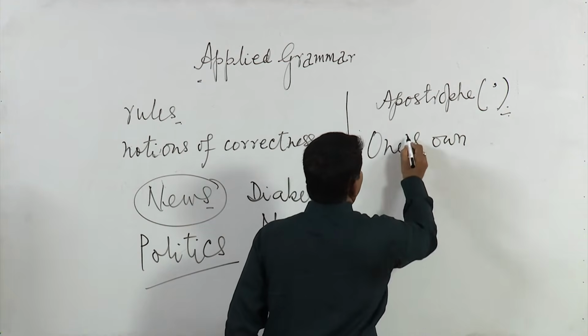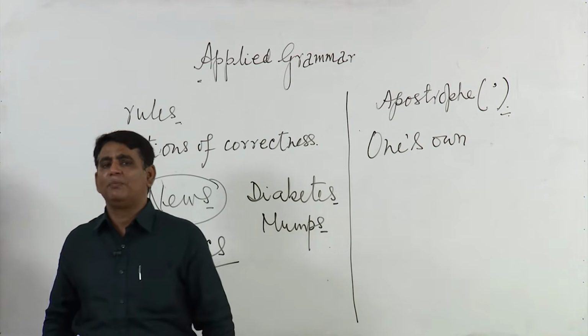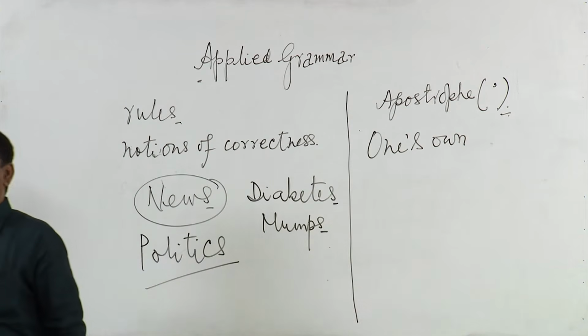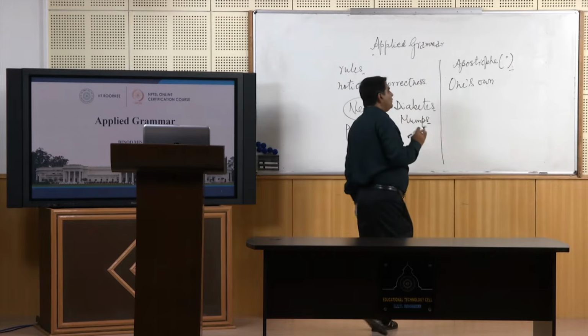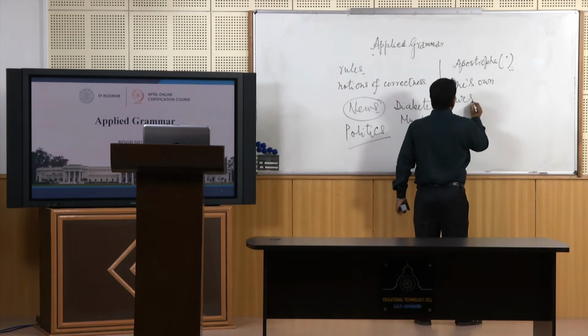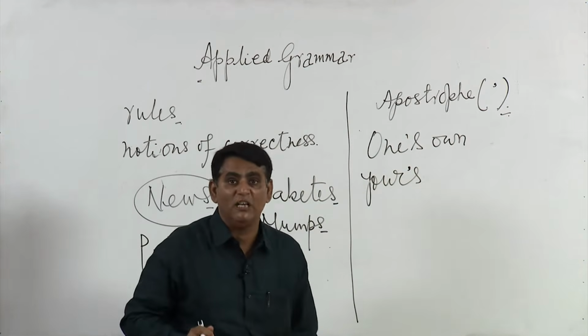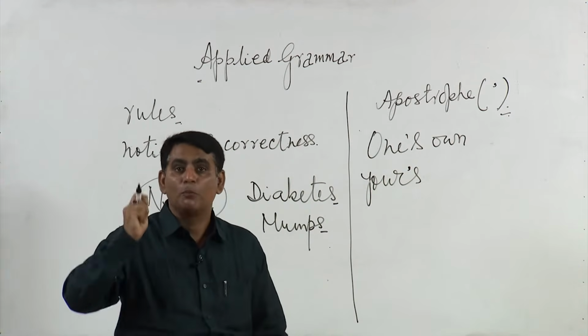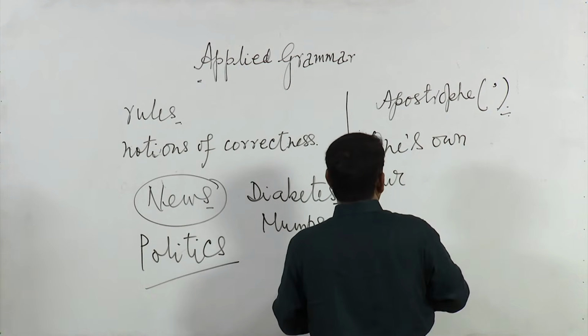At times people commit mistakes, and one major mistake that you often come across is people writing yours with an apostrophe. This is actually a blunder, my dear friend. So please control it. This will not take an apostrophe.